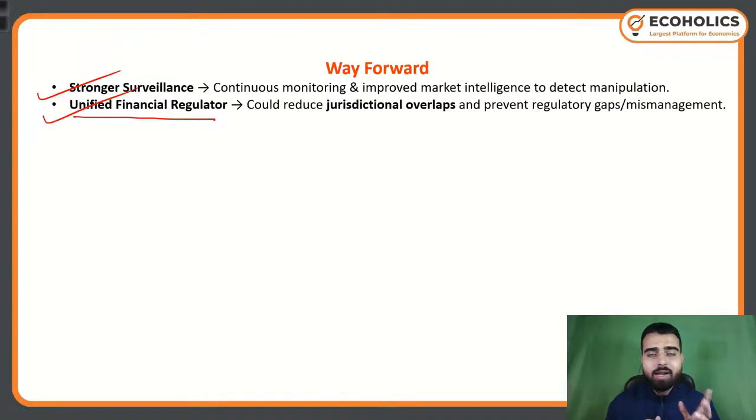So in the US they had the apprehension that this is what Jane Street is trying to do, and is getting successful as well. If the regulators of US markets could have informed SEBI way before 2024, this could have been stopped. So that's why we need a unified financial regulator and stronger surveillance to throttle these kinds of malpractices of proprietary firms or any foreign portfolio investors.